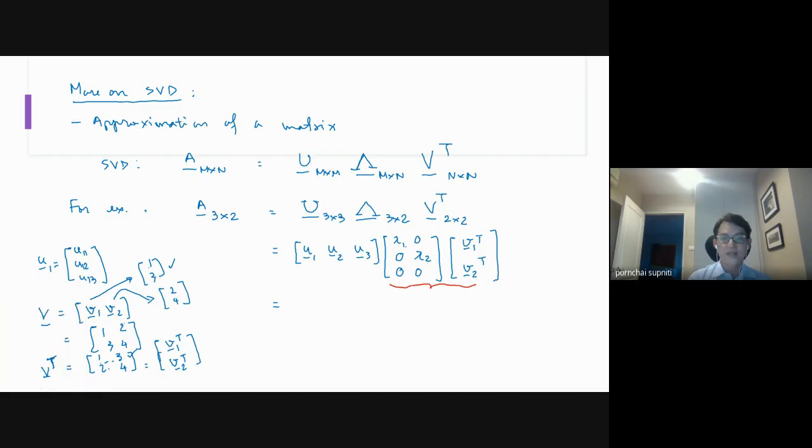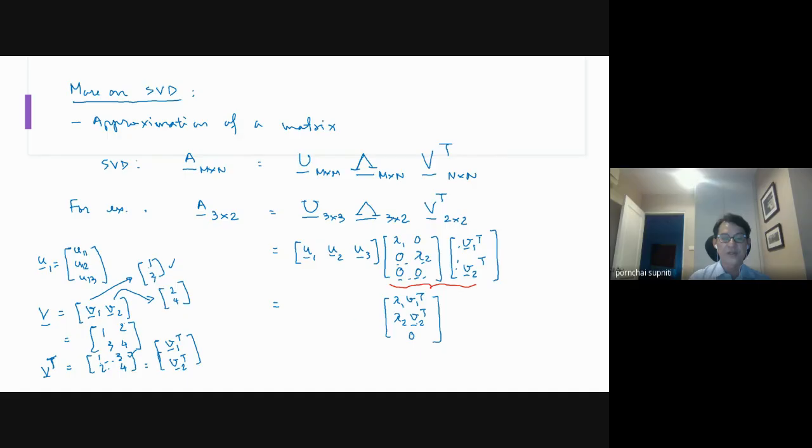So this is what I'm going to get. For the back part, I get lambda 1 multiplied with V1 transpose, plus 0 multiplied with V2 transpose, so it has nothing. And then the second row multiplied with the column, so we get 0 times V1 transpose plus lambda 2 V2 transpose.